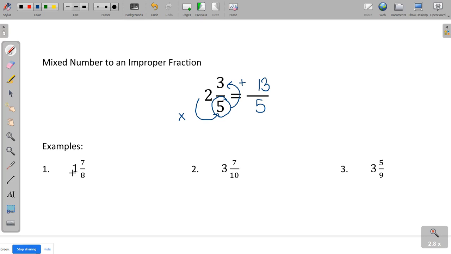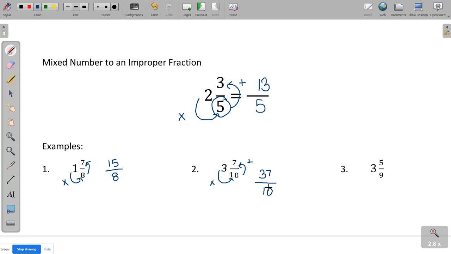So let's look here. 1 times 8 is 8. Then we add 7. So 8 plus 7 is 15. Keep the denominator of 8. Next one, 3 times 10 is 30, plus 7 is 37.